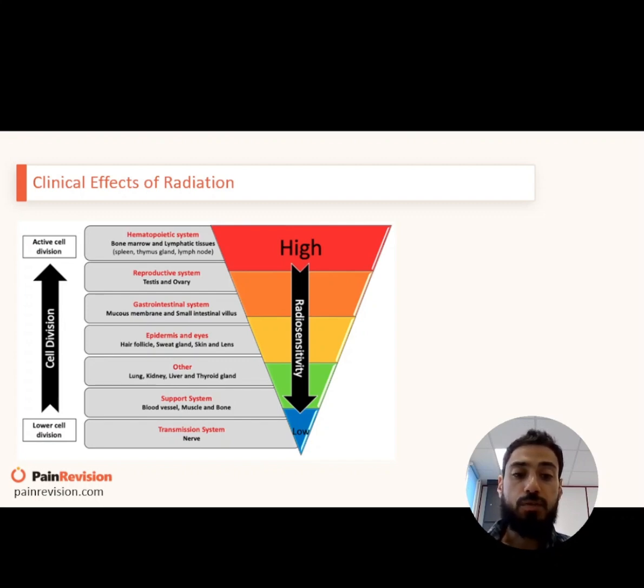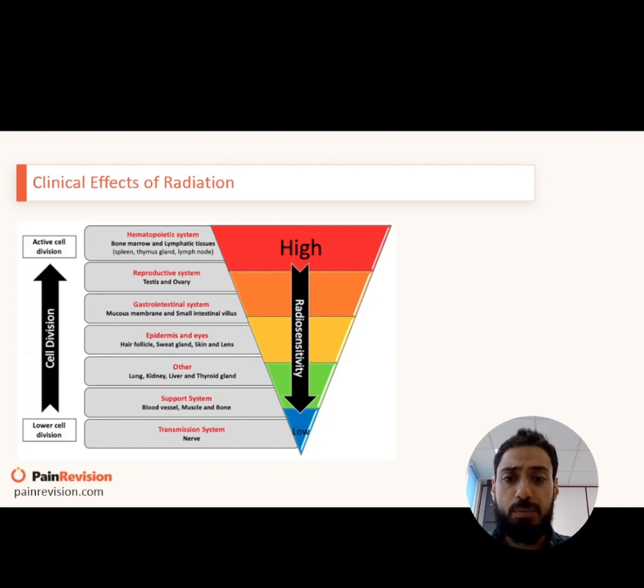If you recall from the previous presentation, we had this picture where we stratify the risk of radiation depending on the sensitivity of the tissues. And how sensitive tissues are to radiation is a factor of how actively dividing they are. You can actually use this to classify the different dangers based on systems.